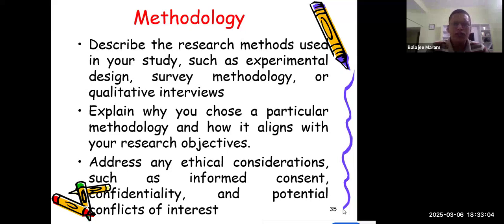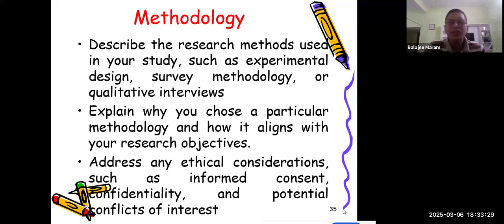In such a scenario, we need to apply our knowledge based on the literature survey only. We need to propose a new, innovative algorithm or process or procedure, whatever it may be. That is nothing but methodology.